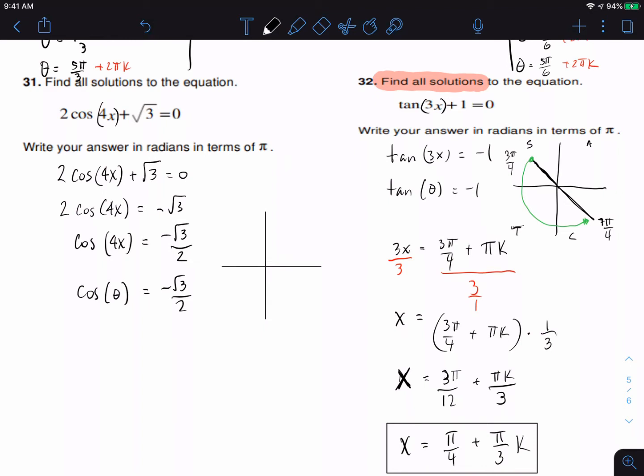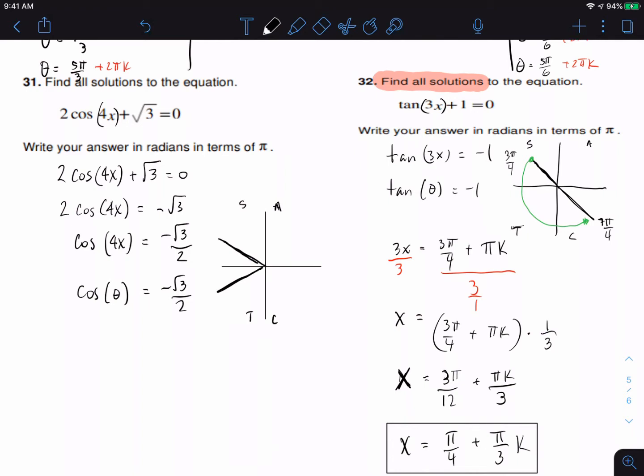Okay. Now, it's negative, so again, all students take calculus. So the first and the fourth quadrant are positive, and the second and third are negative. So it's going to be here, but it's also going to be here, right?